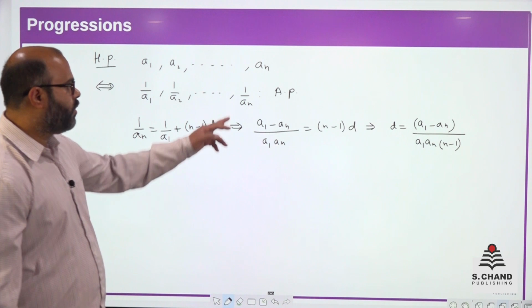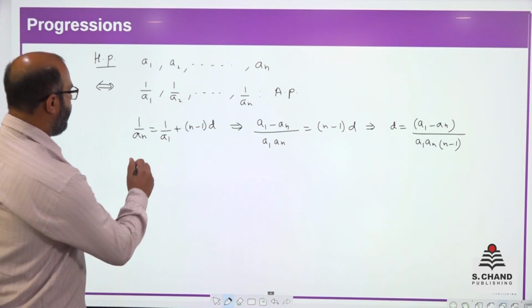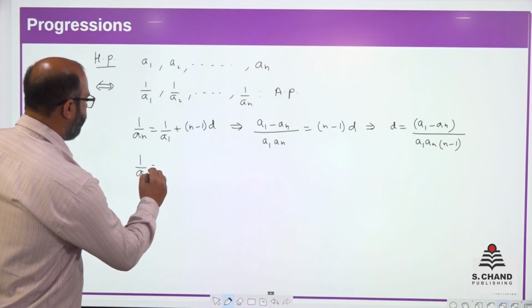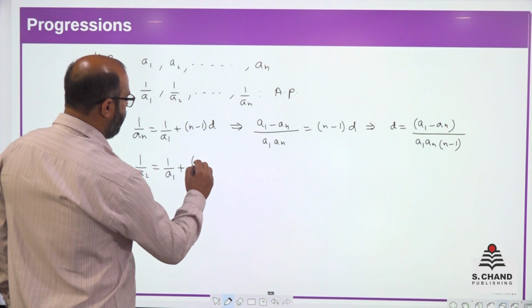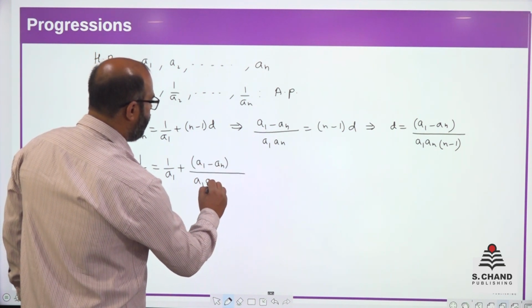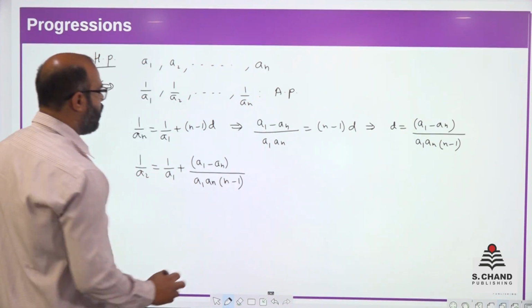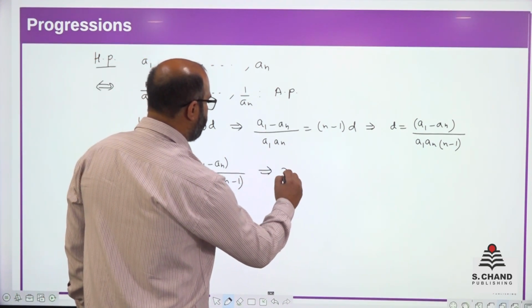So this is the common difference of the corresponding AP. Now you can find a2. So if you are interested in finding 1 by a2, this is 1 by a1 plus d, which is 1 by a1 plus a1 minus an upon a1 an into n minus 1. From here you can find a2. How will you find a2? You will take the reciprocal.